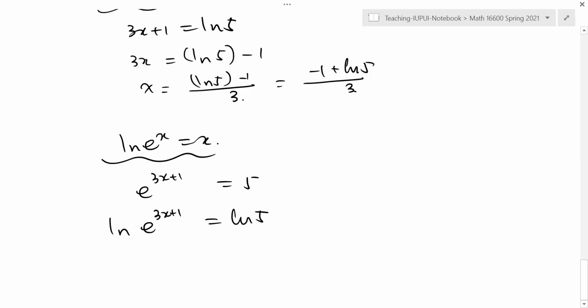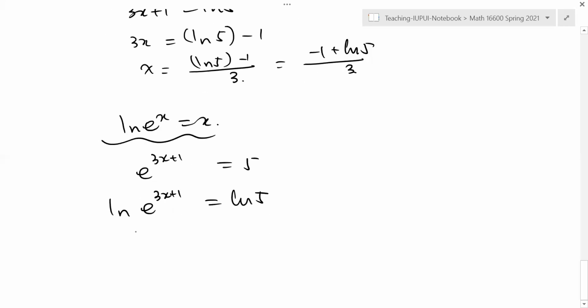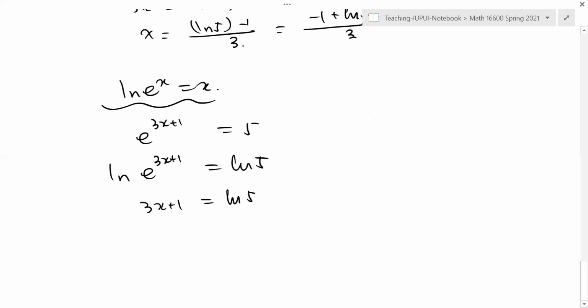On the left hand side, once natural log meets e, it's gone. So just 3x plus 1, and you end up with the same equation. Then from here you get natural log of 5 minus 1 divided by 3. I like the second method.